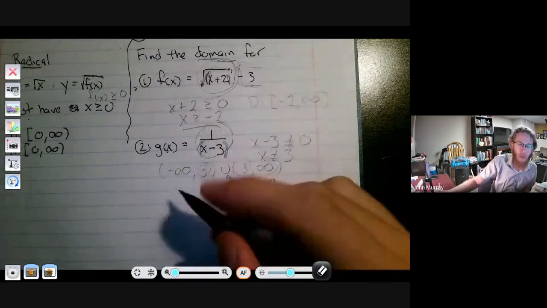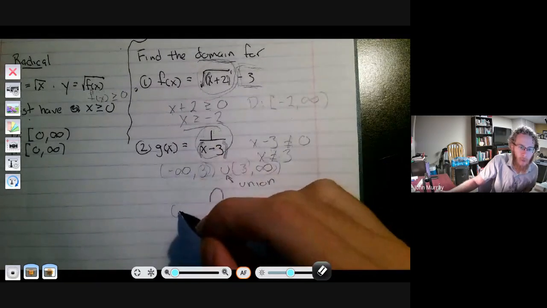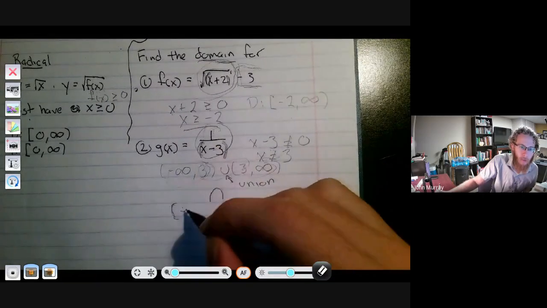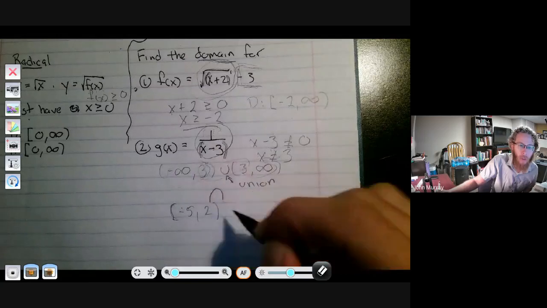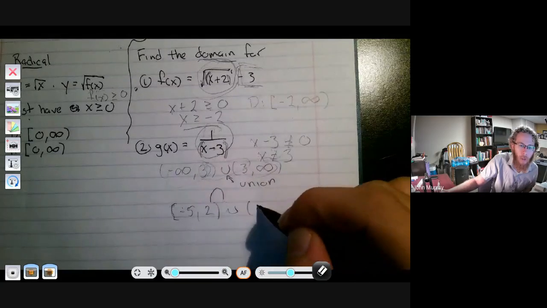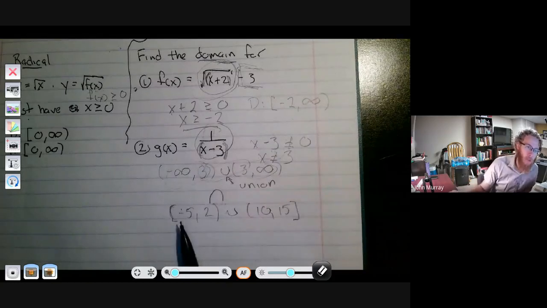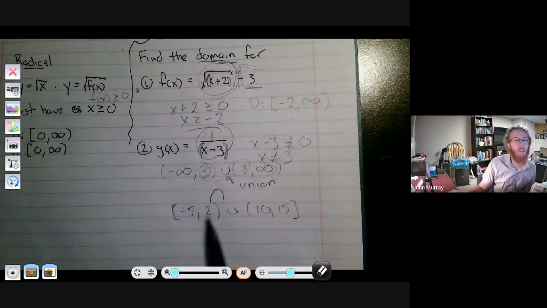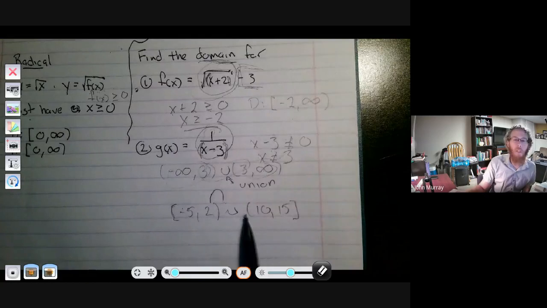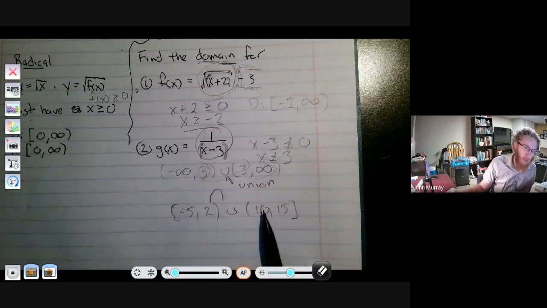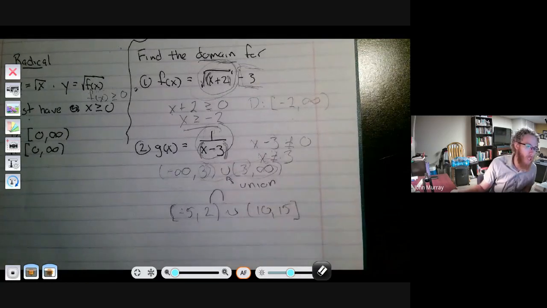Okay, but sometimes you'll see something like, from -5 to 2 in union with 10 to 15. Okay, so that means you'll start at -5, you'll go to 2, you'll skip everything in between, but then you'll start up again at 10 and go to 15.